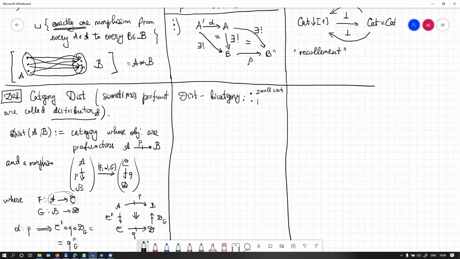Then profunctors are arrows, and F, alpha, G are two-cells. Then you have the category of small categories. It's a two-category. The category of small categories is again a two-category, and their product is a two-category. So this is a two-category.